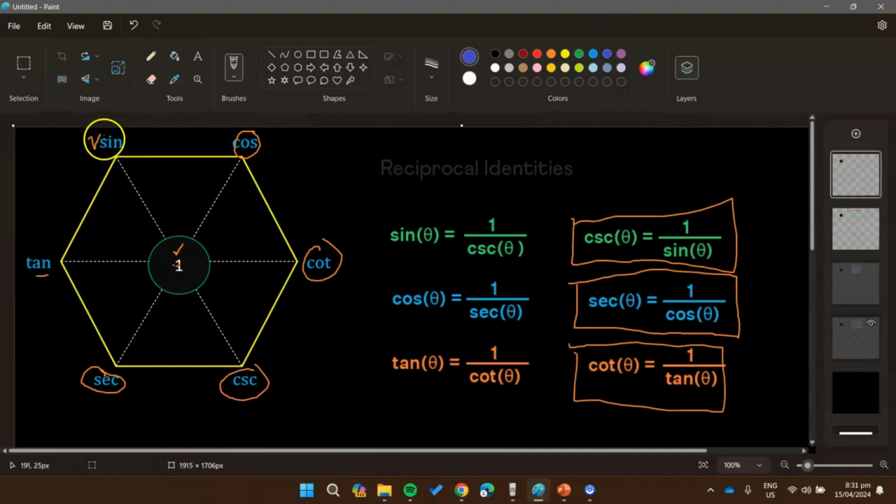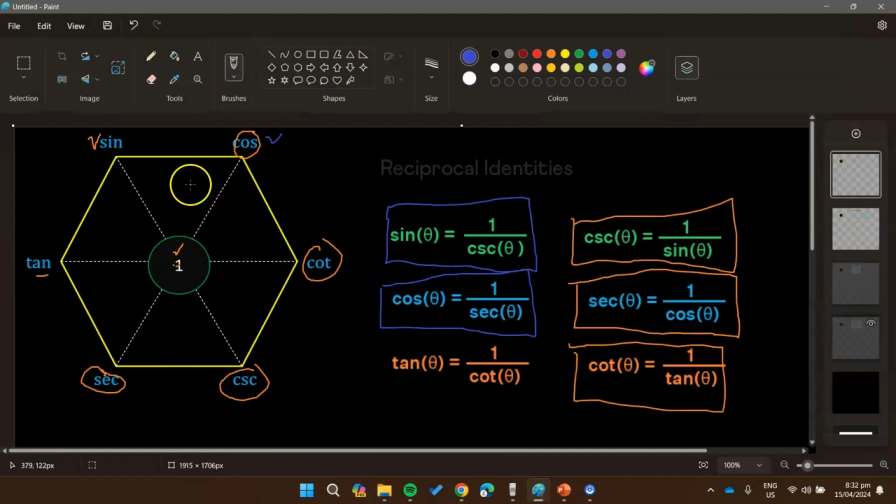Or we can also do the opposite. We can also say sine theta is just equal to 1 over cosecant. We can also say cosine theta is equal to 1 over secant. And then we have tangent theta is just equal to 1 over cot theta.